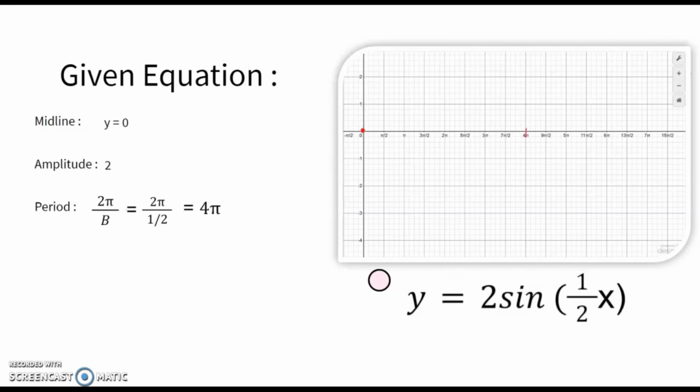So we get (π, 2) for the next point. And then you intersect the x-axis, so you have another point at the middle of the period, at (2π, 0).